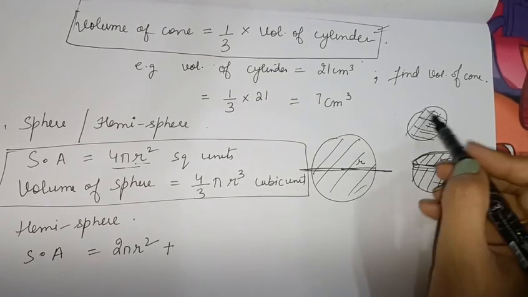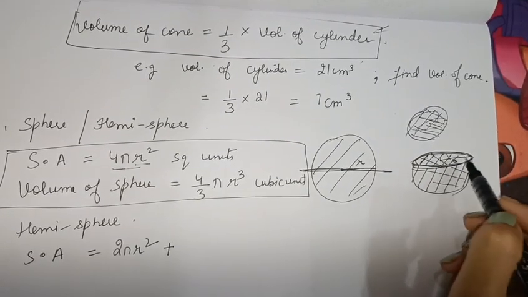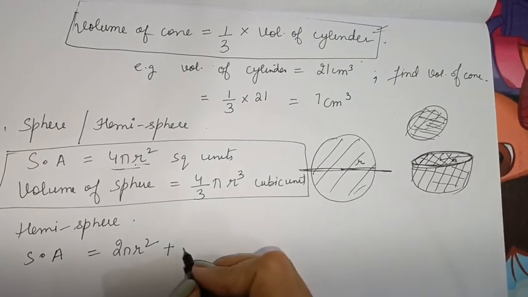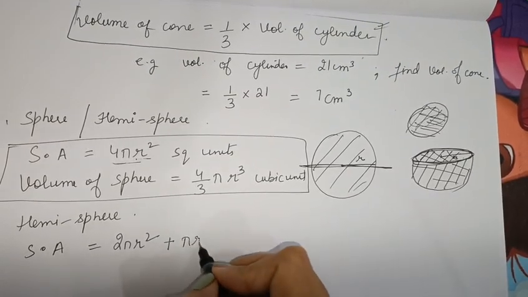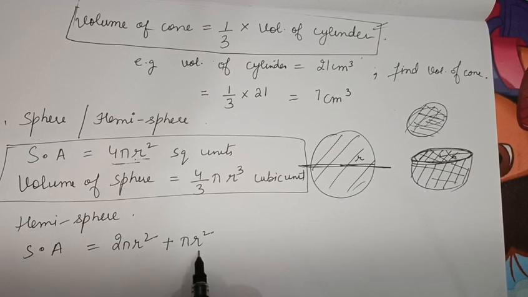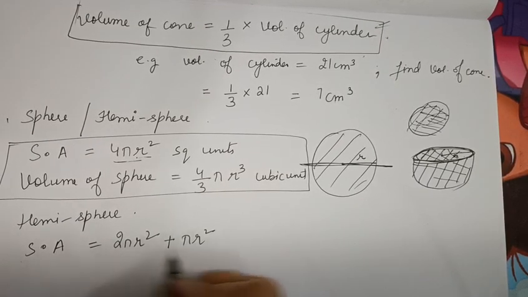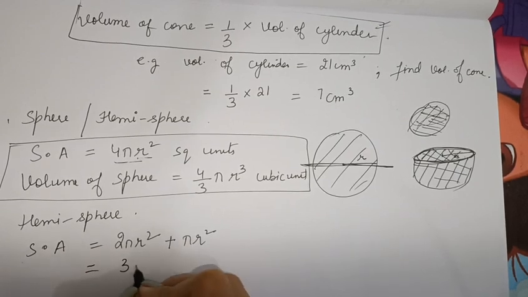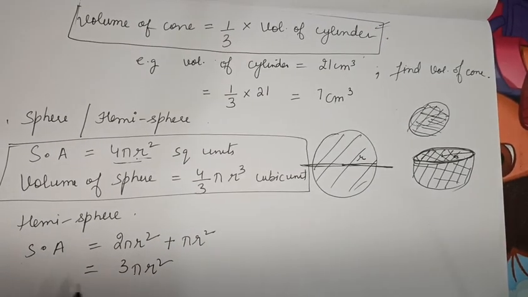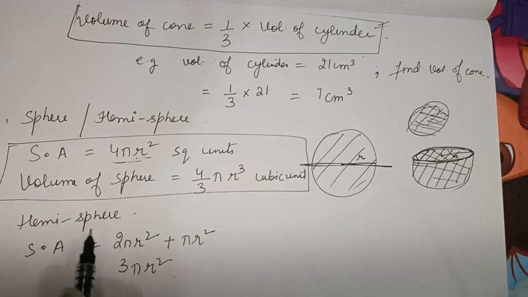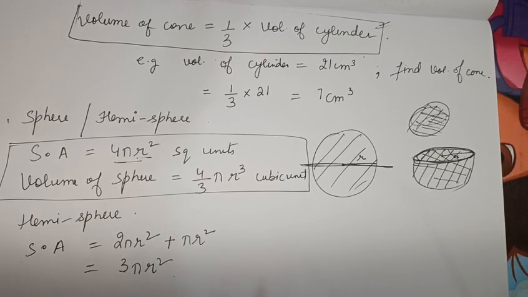So this circular part you can visualize. So that circle is also there, due to which 1 pi r square, which is the area of circle, we will add. So surface area is equal to 2 pi r square plus pi r square, which is equal to 3 pi r square. So 3 pi r square is the formula of surface area of hemisphere.